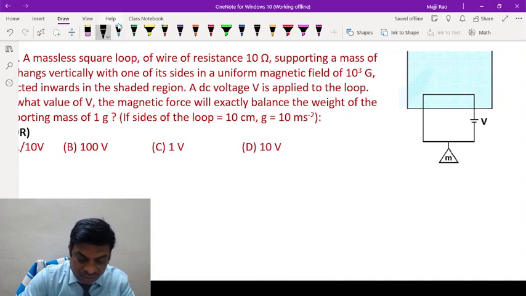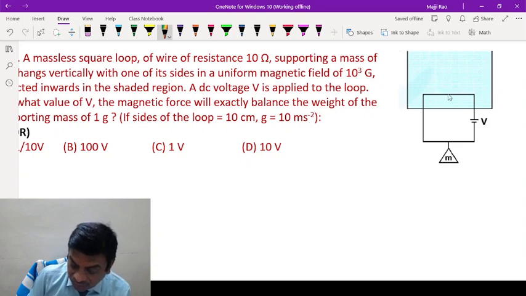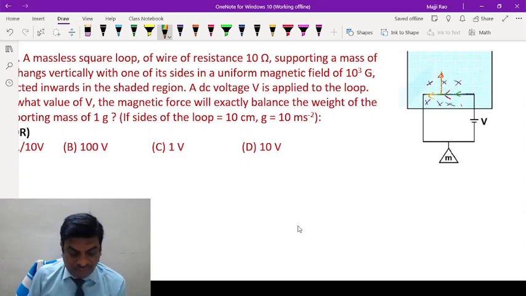Now here students, we know when a current flows in a wire which lies within a magnetic field, then there will be a force.